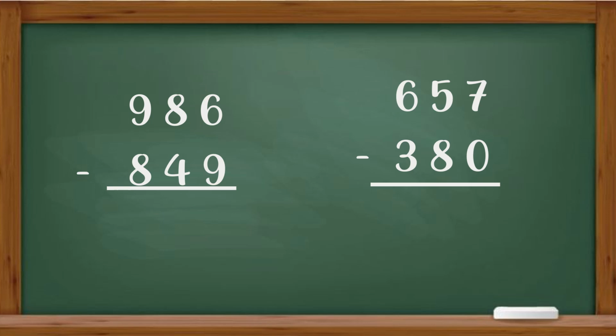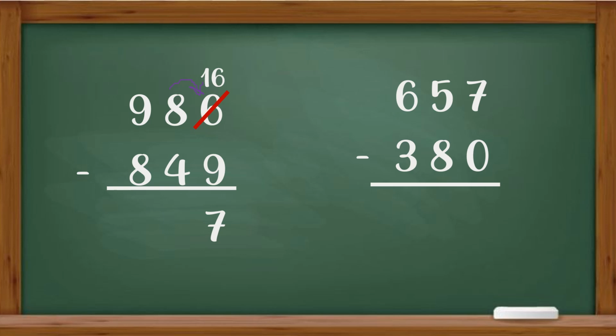We will borrow from 8 and we will put 1 in the front of 6. First we will cut the 6, and when we put 1 in the front of 6, it becomes 16. So we will do 16 minus 9, which is equals to 7.